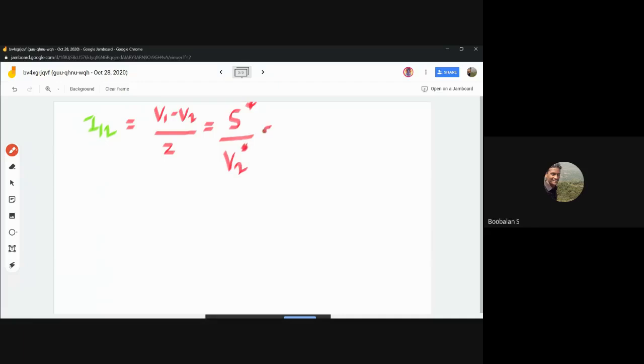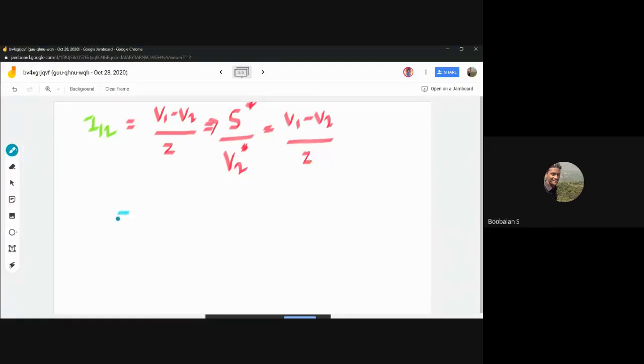So I2 is replaced in the form of S by V, and the remaining is the same: V1 minus V2 divided by Z, right? Got the idea? We're just going to substitute every value over here and we will be able to calculate this entire thing.